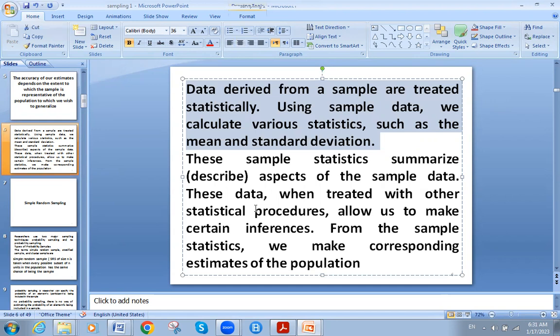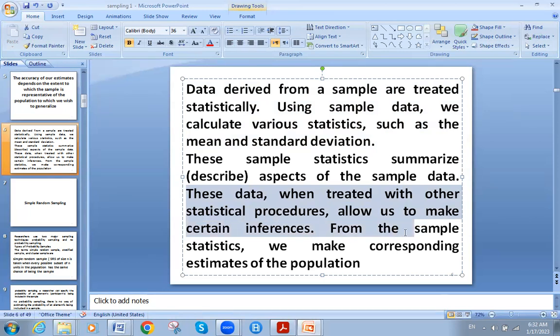In other words, the more the sample increases, the more the characteristics of the sample will represent the characteristics of the population. These sample statistics describe aspects of the sample data. When treated with ordered statistical procedures, they allow us to make inferences: from the sample statistics, we make corresponding estimates for the population.